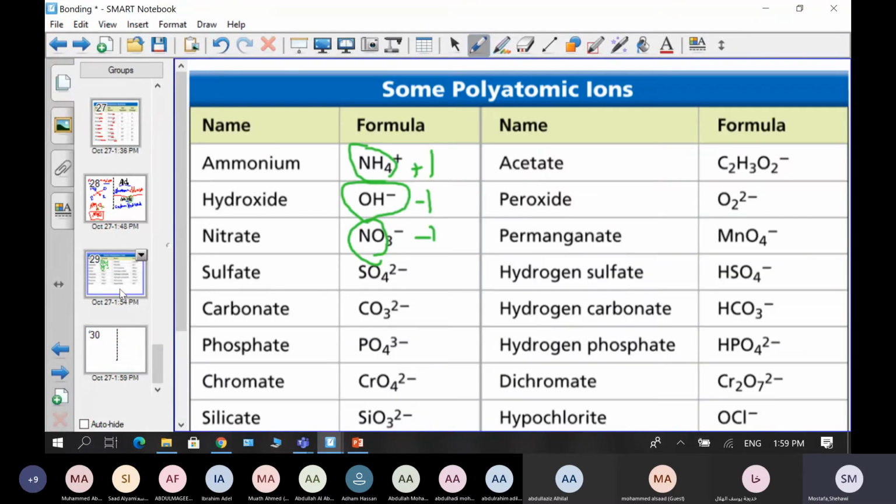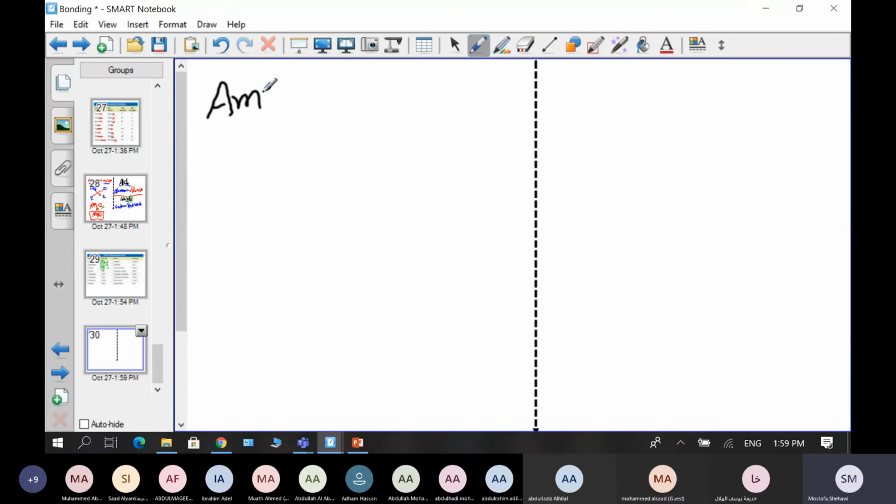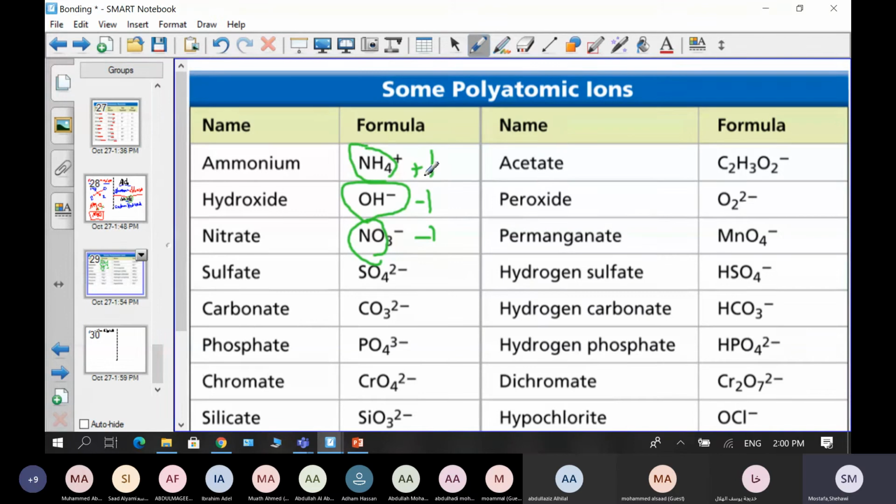That's ammonium here, ammonium chloride, double M. Again, ammonium is not a metal. It's a polyatomic ion that is positive.